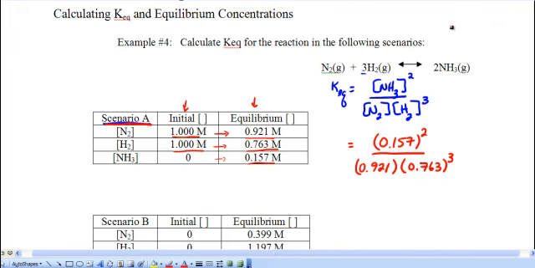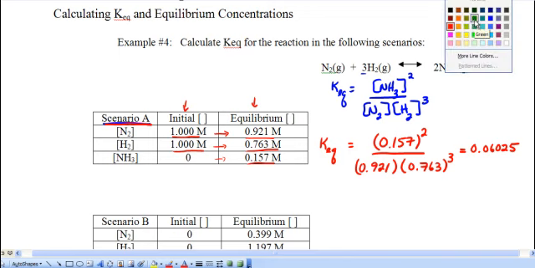And so now if we simply solve, we get 0.06025. Now we don't typically write the equilibrium constant K with units. Again, this is KEQ. We simply just write out what the value is. Alright, so if we start with all reactants and no product, this is what the equilibrium constant is.